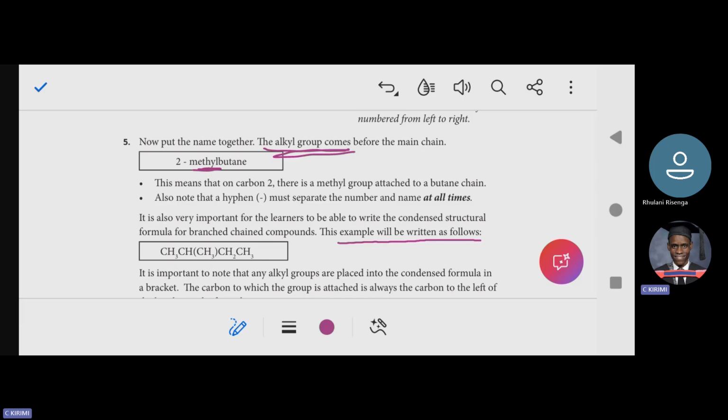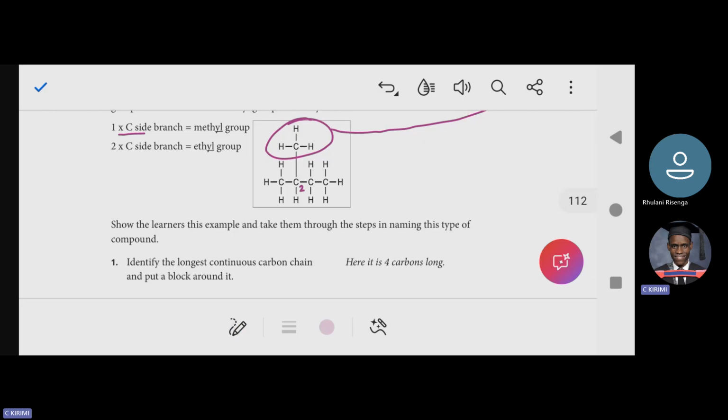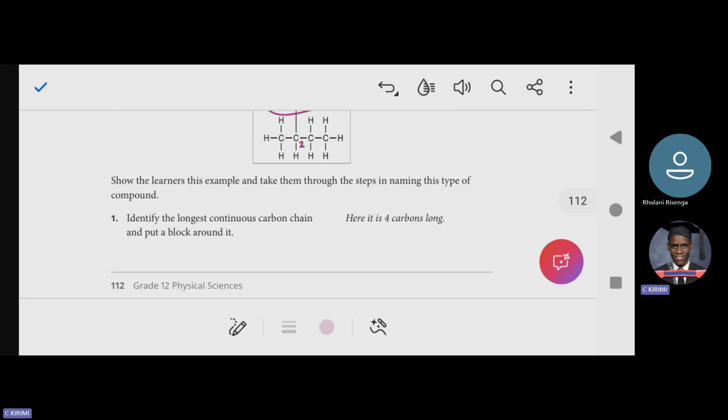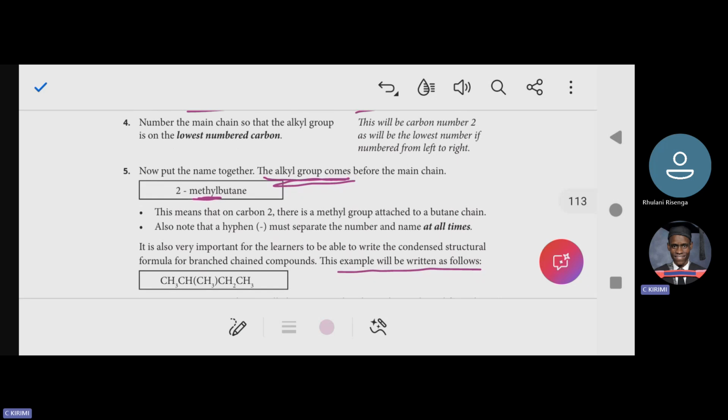For example, we have CH3, CH, CH3, CH2, CH3, exactly as what we are seeing there on the branch. So we are naming it exactly as what we are seeing here on the branch. So we have CH3, that is our CH3 that we are having. Then we have CH.